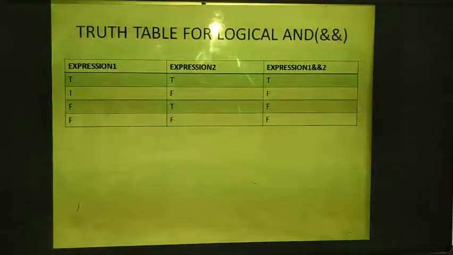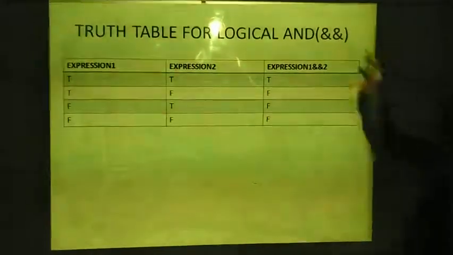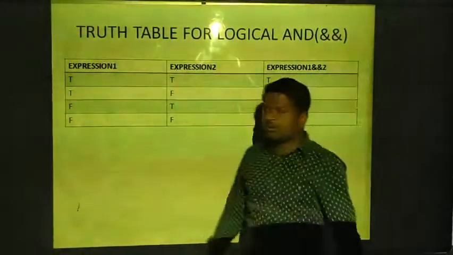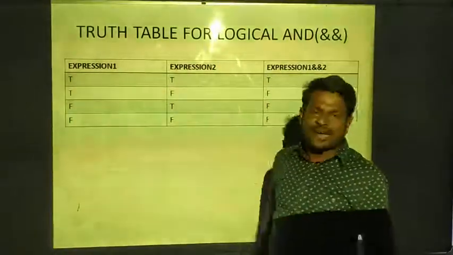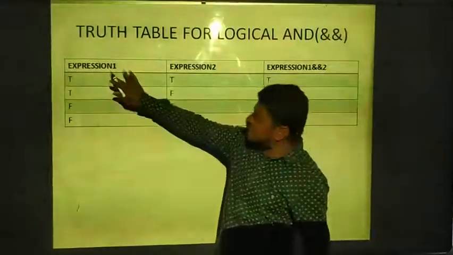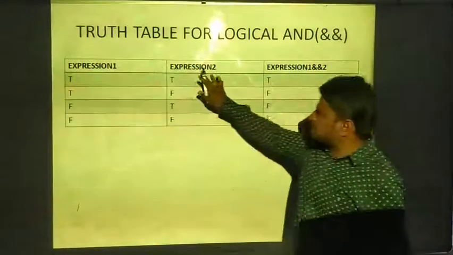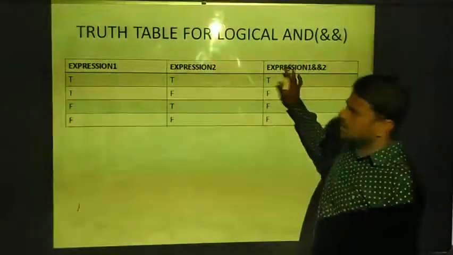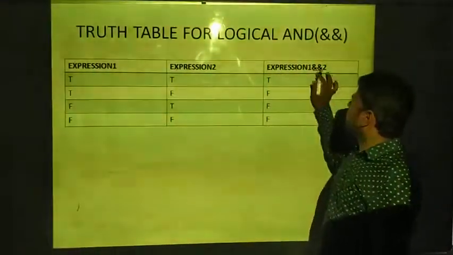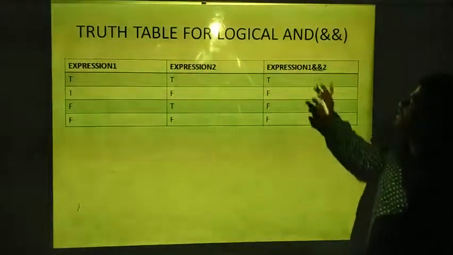Now, the truth table for logical and. We have expression 1 and expression 2, and we are talking about logical and.